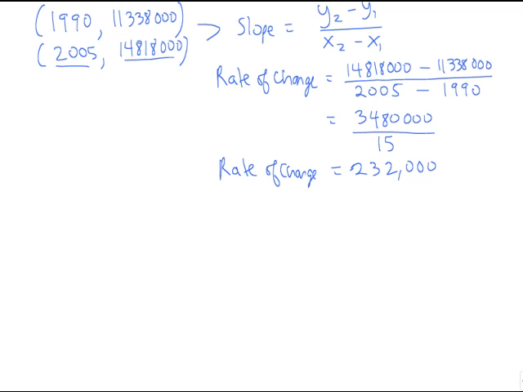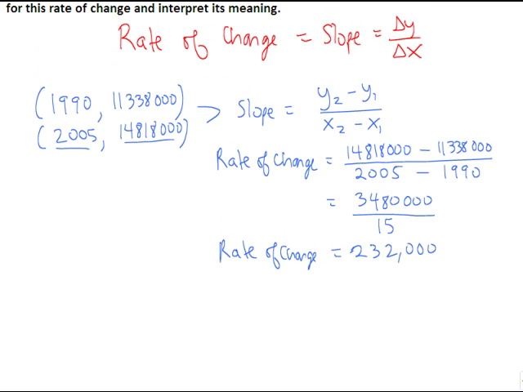To figure out units, you just need to look back at how you calculated your slope. Remember, our slope from our formula was y's over x's. So the units of our slope are going to be units of y over units of x. So what were the y numbers? Remember our ordered pairs?